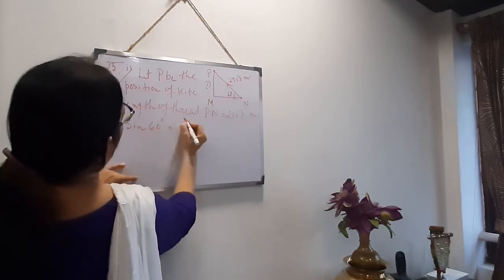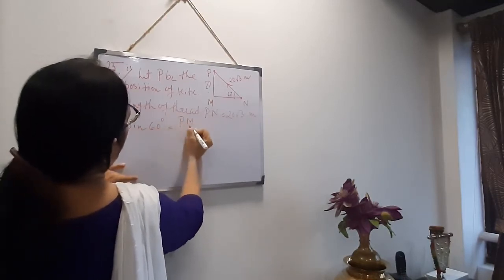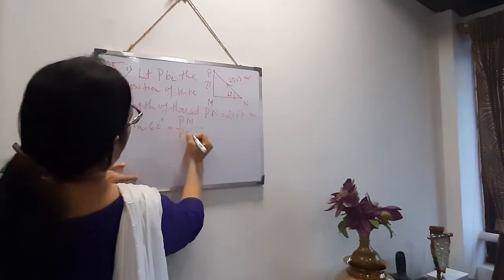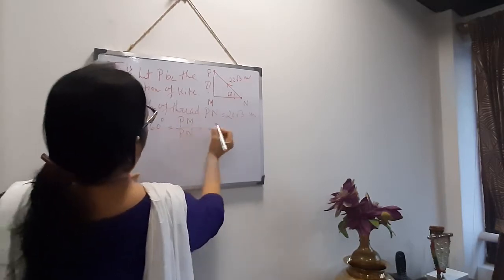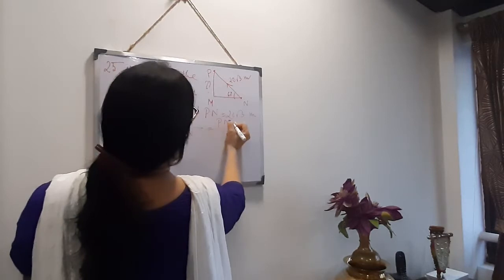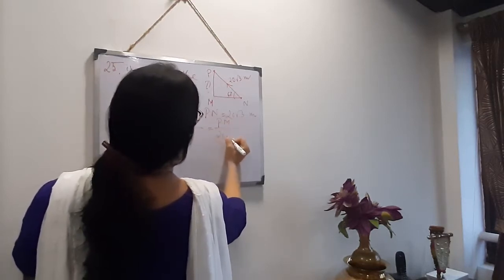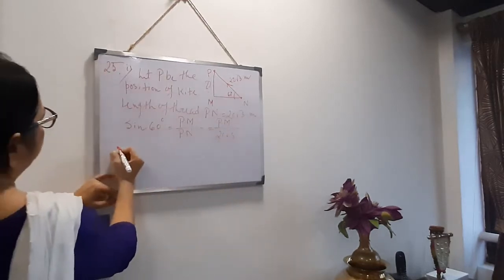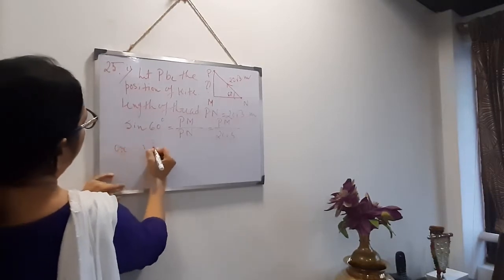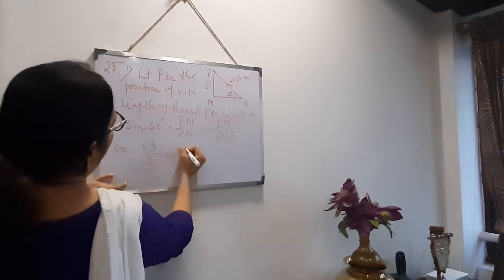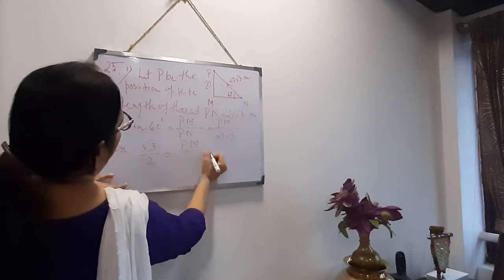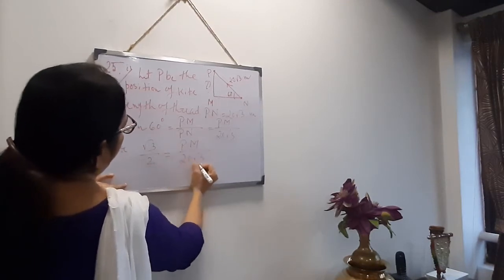Sine 60 degree equals to perpendicular by hypotenuse. Clear? So PM is unknown and hypotenuse is given 20 root 3. And sine 60 value now you know, root 3 by 2 equals to PM by 20 root 3.